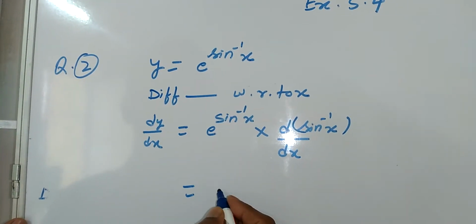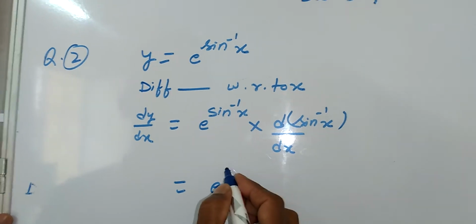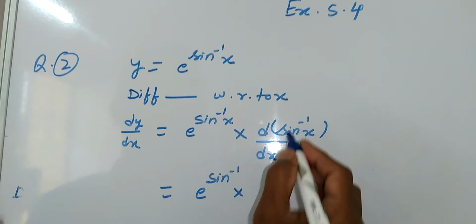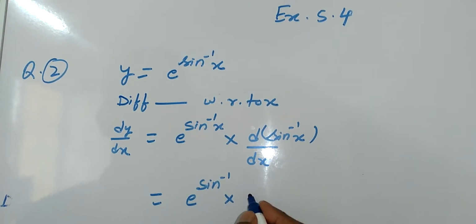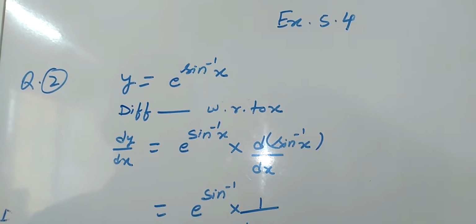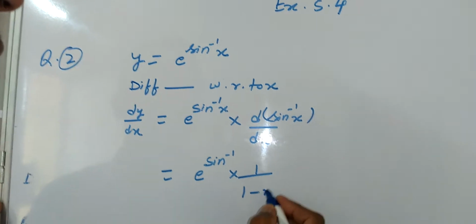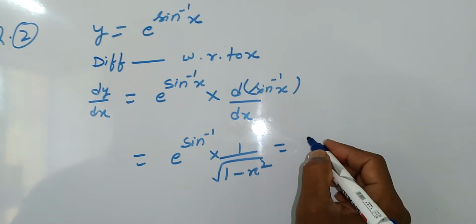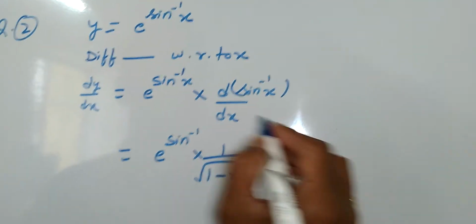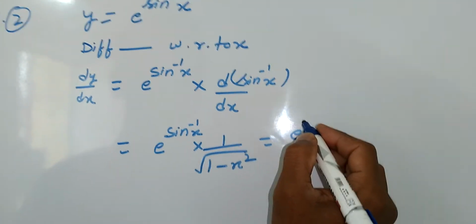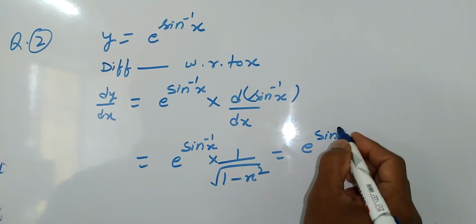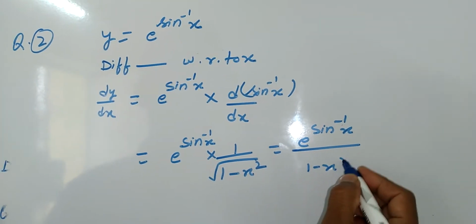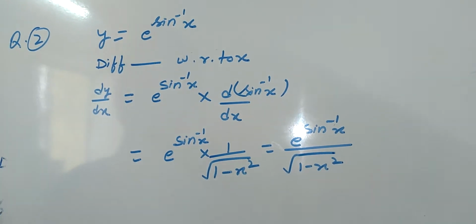This is equal to e to the power sine inverse x into the derivative of sine inverse x, which is 1 by square root of 1 minus x square. So this is your answer, e to the power sine inverse x by square root of 1 minus x square.